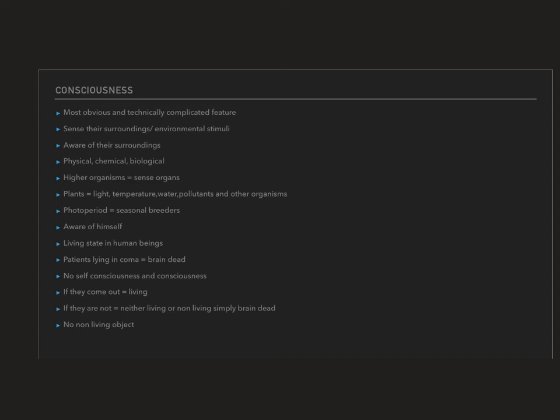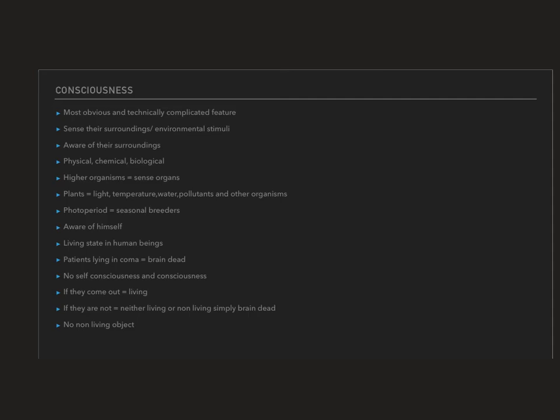Another point I am going to explain to you. It is a little bit difficult to explain the living state in human beings. Why? Patients lying in a coma are supported by machines. In them, self-consciousness is absent, the consciousness is absent. So they are brain dead, they are neither living nor non-living. Okay? Are they living or are they non-living?